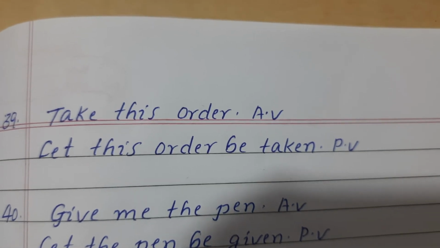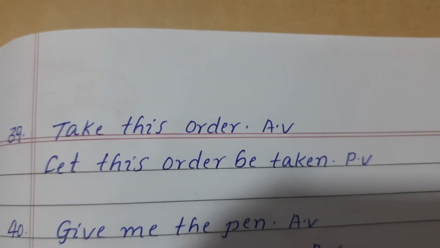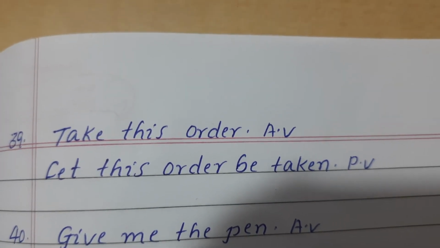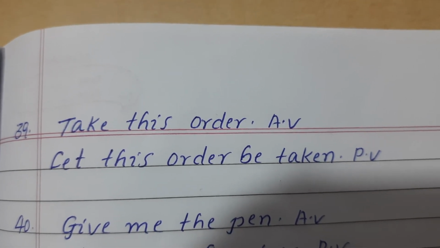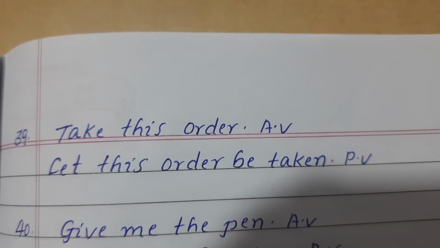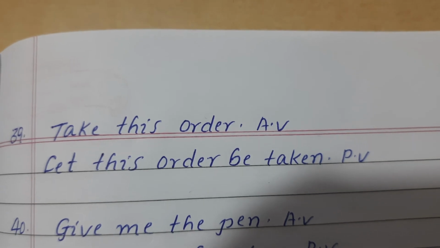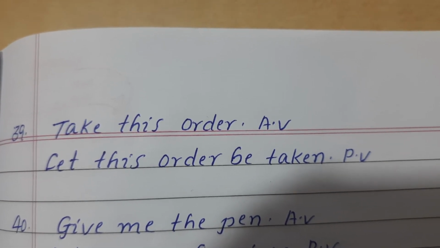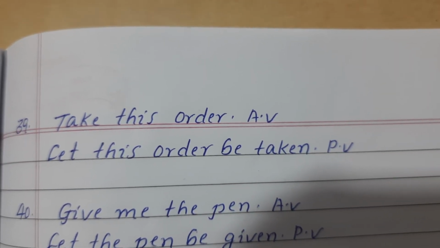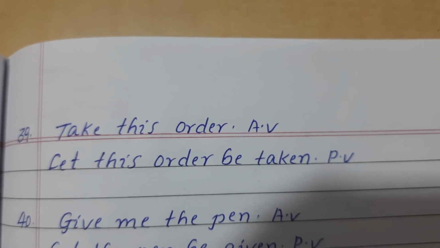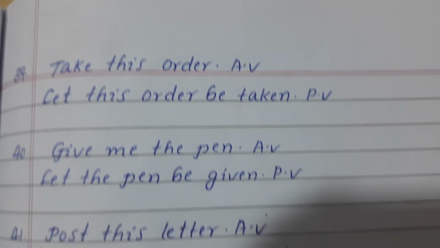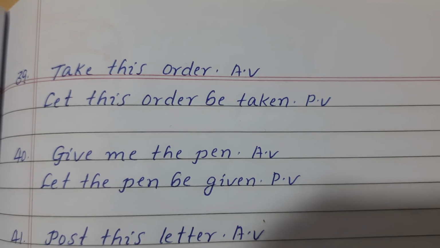Let us see some more examples. Take this order. This is an imperative sentence. Imperative sentences start with let in passive voice. Take this order: Let this order be taken. Give me the pen. This is also an imperative sentence.